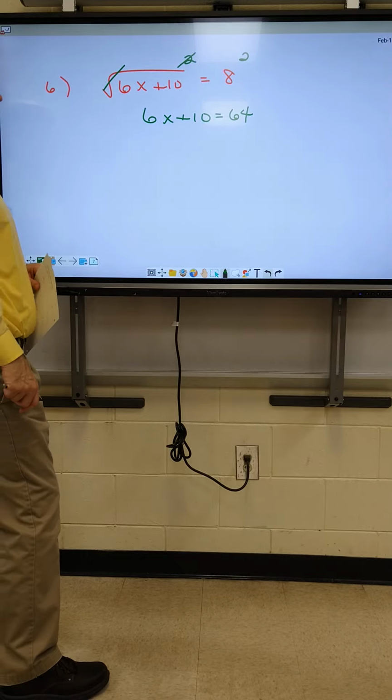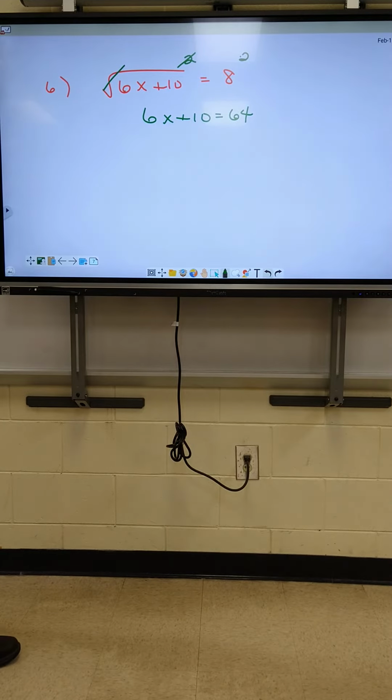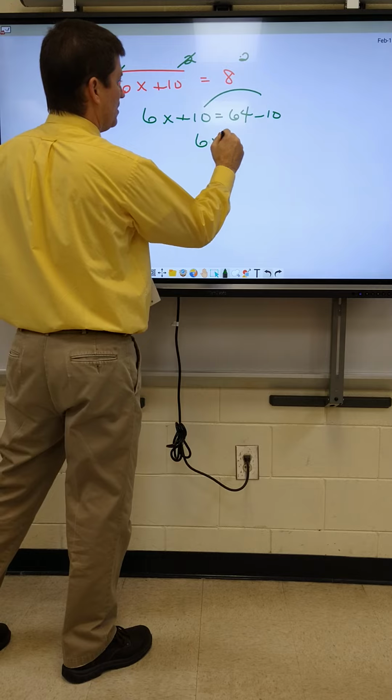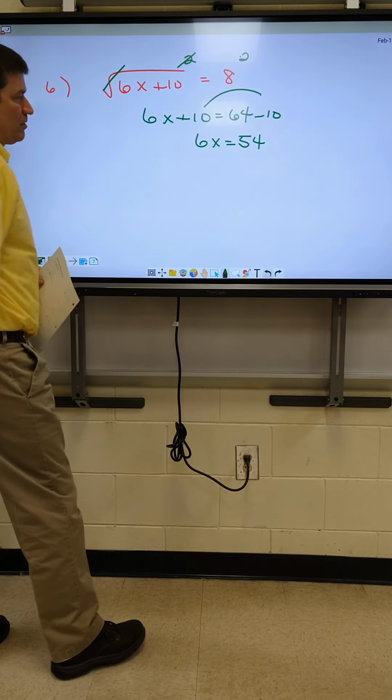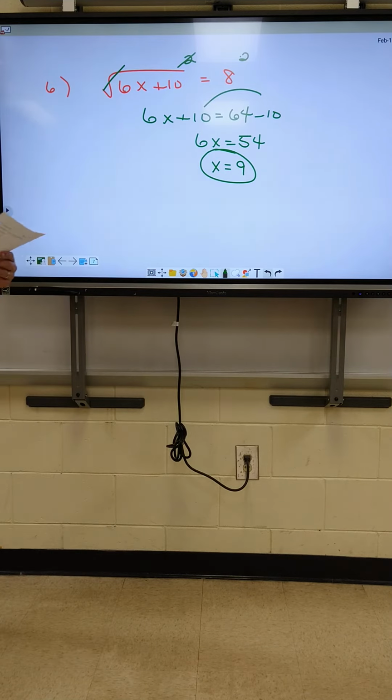Wait, 64. 8 squared is 64. That's right. So now let's move over. Plus 10, make it a minus 10. I got 54. Now divide by 6. The answer is 9. So y'all shouldn't miss any of these on the back, the first 4 on the back, unless you just make a simple mistake.